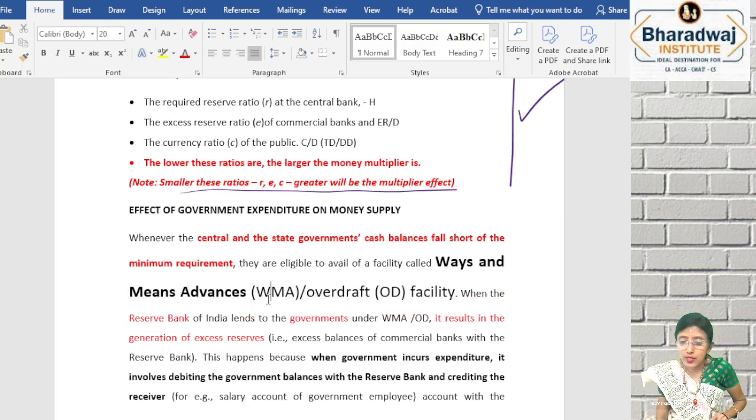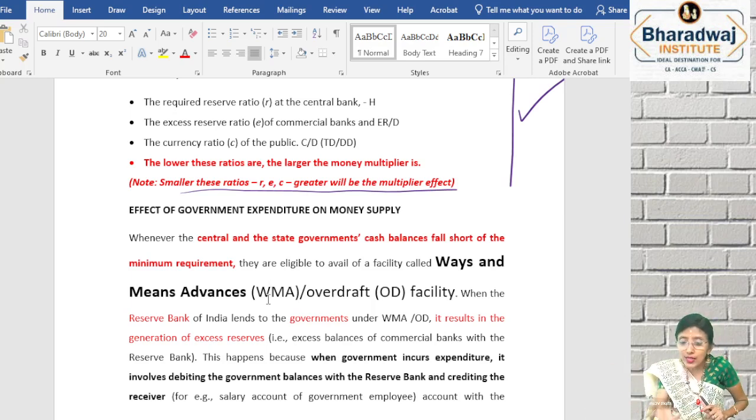My dear students, please understand, when the central government and state government are finding a shortage or a shortfall of the cash reserves, even below the minimum requirement, they have one facility. What is that? They can borrow from the RBI. So RBI will lend to whom?